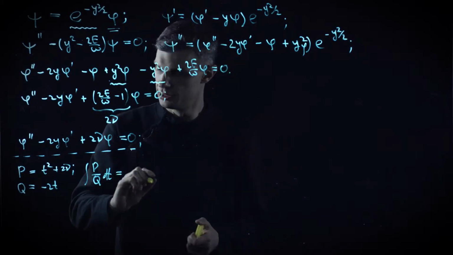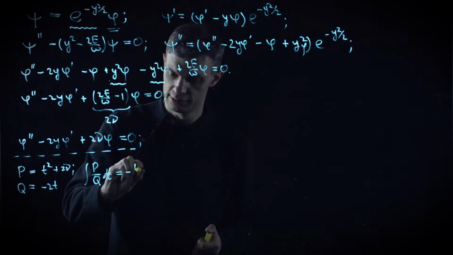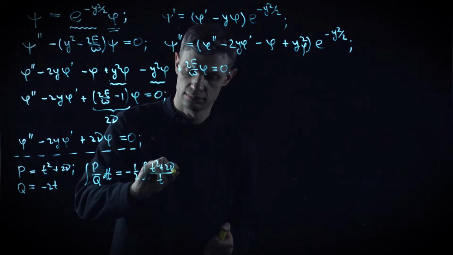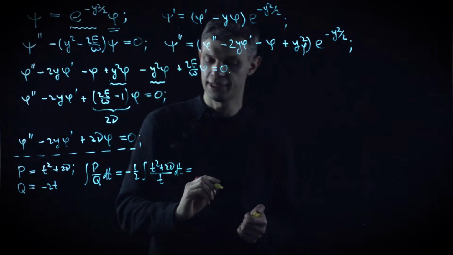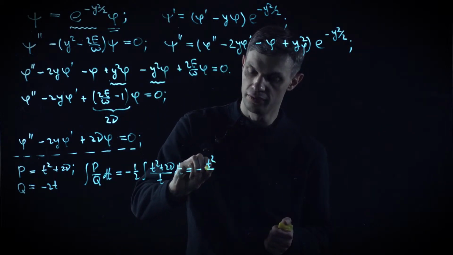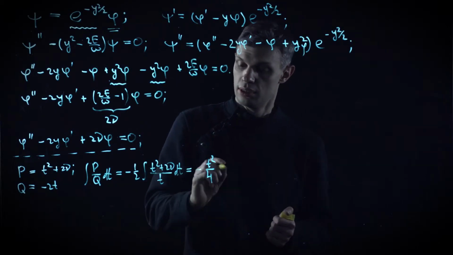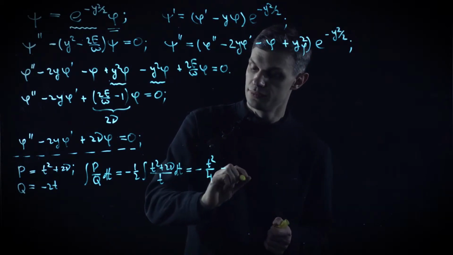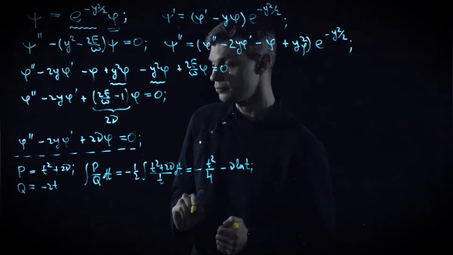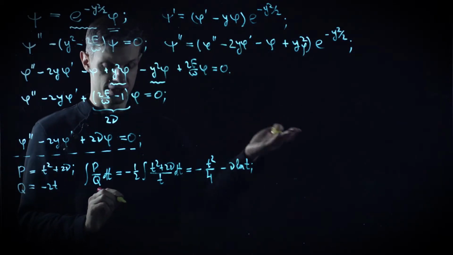Okay, let's write it down explicitly. And finally, the integral is minus t squared over 4 minus nu logarithm of t. As usual, we drop all the integration constants.